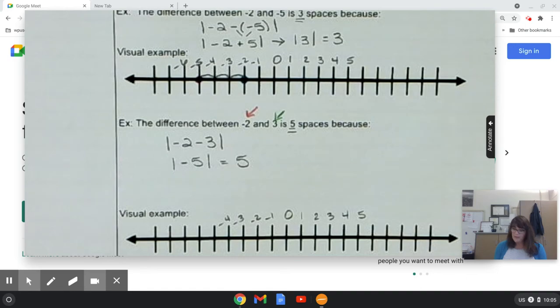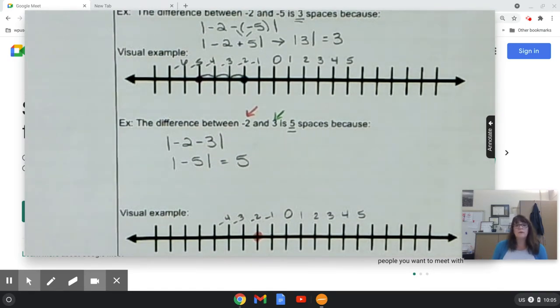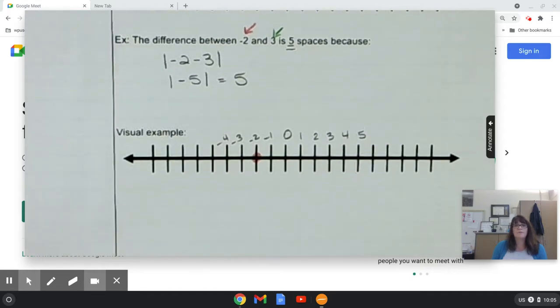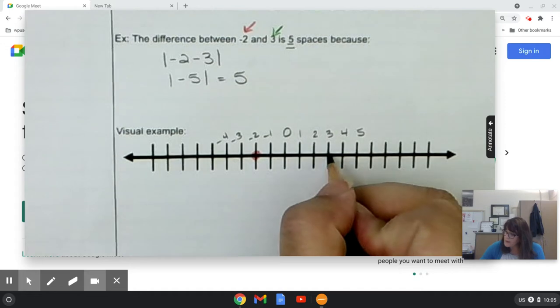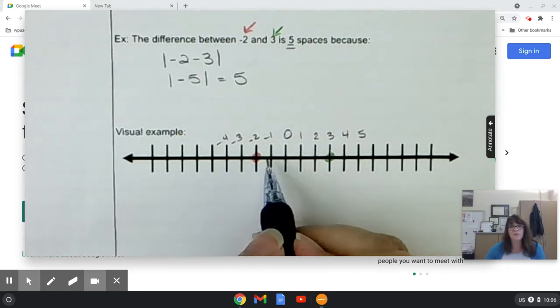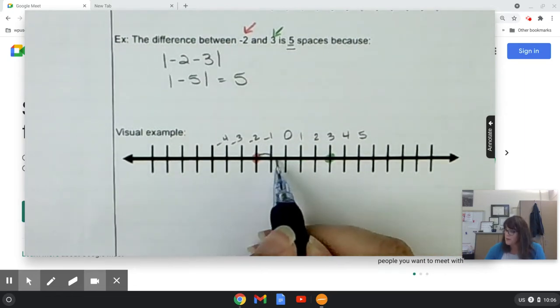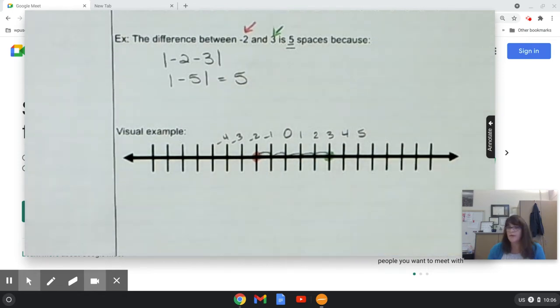Okay. If -2 is right here on our number line, and 3 is right here on our number line, well, how many spaces are in between those two places? 1, 2, 3, 4, 5.